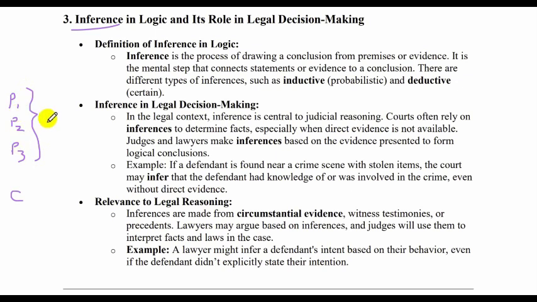The relationship between these premises is that of implication, whereas the process of coming to the conclusion from the given premises is known as inference. Inference is a process of drawing a conclusion from given premises P1, P2, P3. We infer or we reason, and then we come to a conclusion.